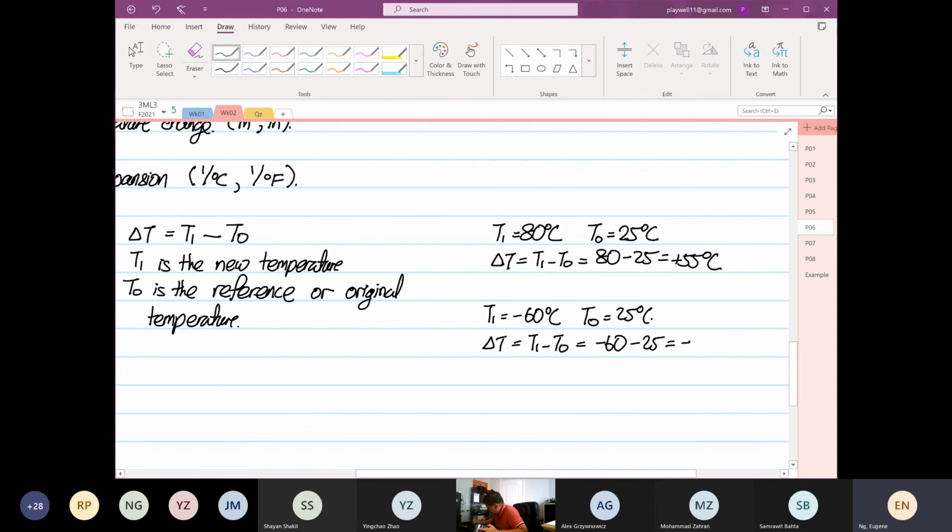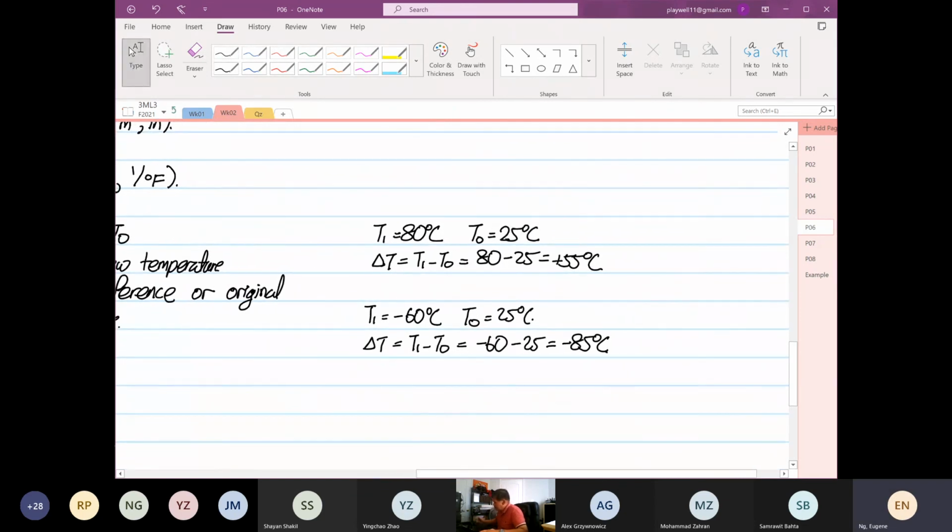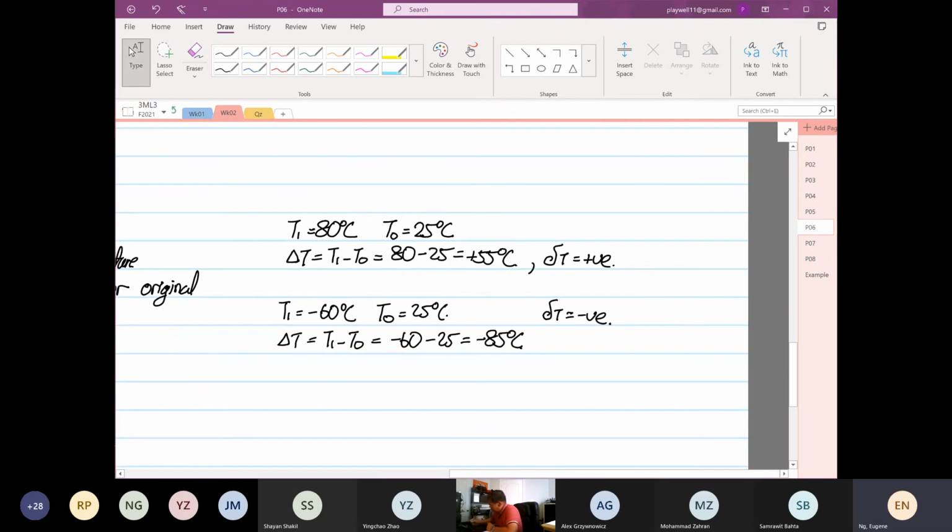This will be equal to minus 85 degrees C. So what you see over here, that when that's the case, the deflection due to temperature is positive. And over here, the deflection due to temperature is negative. So in terms of stresses, this will become compressive. I've shown you why already, and over here you get tensile.